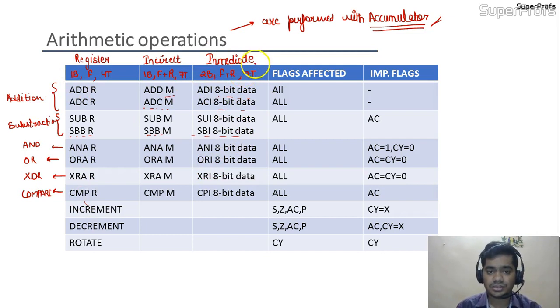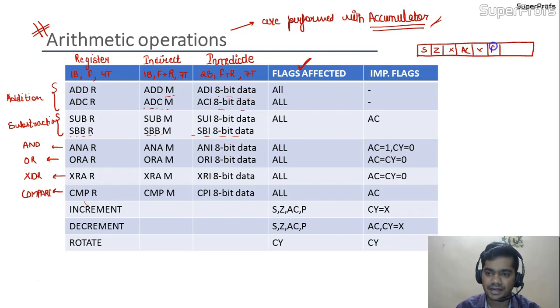But the most important thing regarding arithmetic and logic operations is how the flags are affected. We have studied the flag register also, in which this is sign, this is zero, this is auxiliary carry, this is parity, and this is carry. How these flags are affected is very important regarding arithmetic operations.